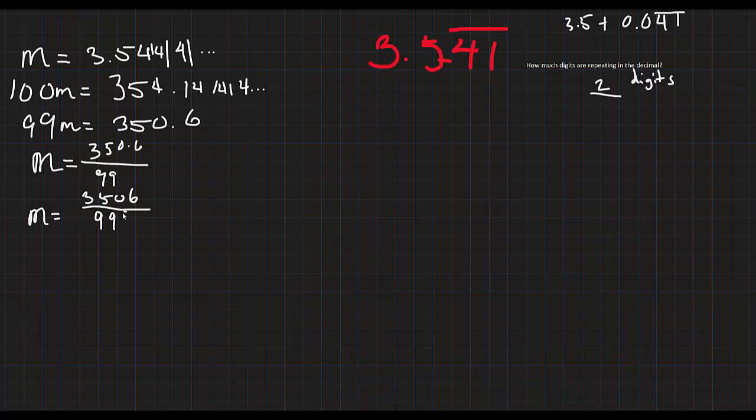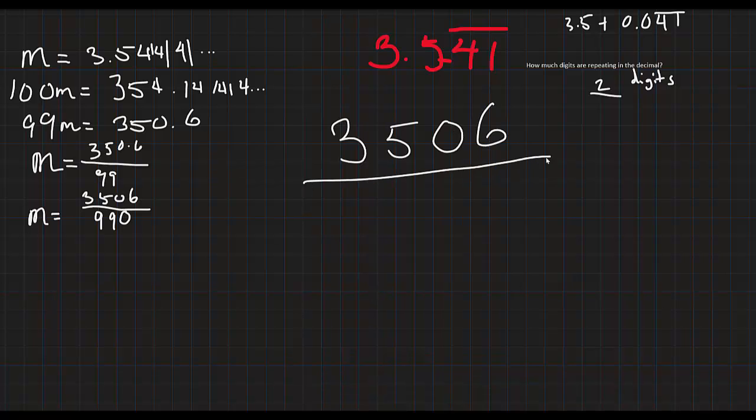So there it is, our answer. 3.541 repeating is equal to 3,506 over 990.